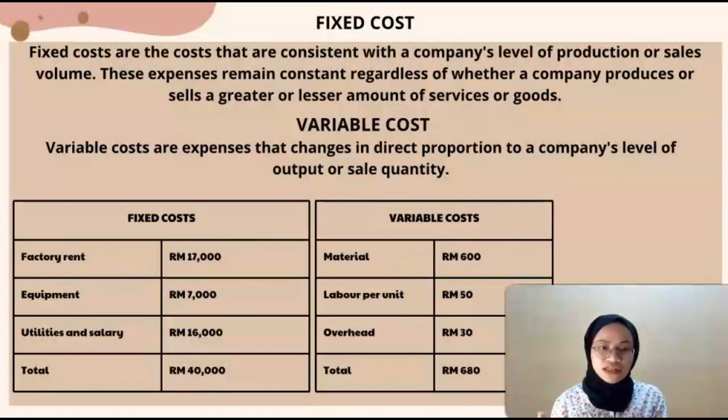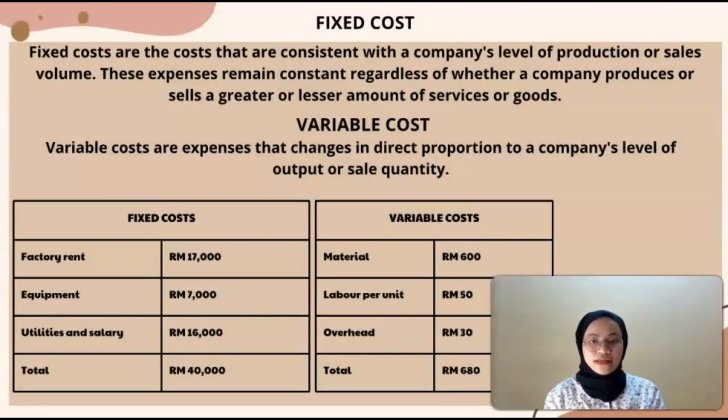As we see in the table below, fixed costs include factory rent, equipment, utilities, and salaries, and the total is RM 40,000. The company has to pay it even if the demand increases or decreases, because it's a fixed cost. It's a must.